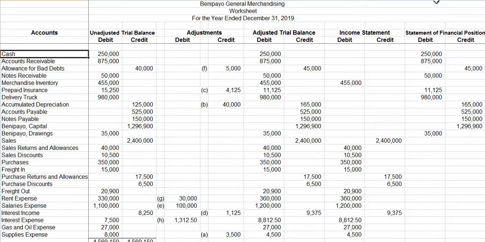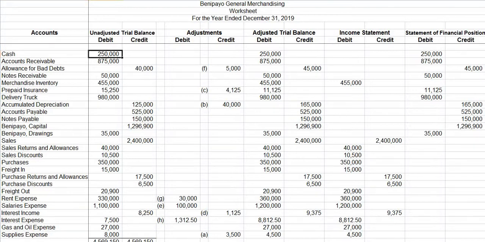When you have answered your own question, forward the amount found in the adjusted trial balance column to that financial statement. For instance, cash. Where is cash found? Being an asset, it is found in the statement of financial position.